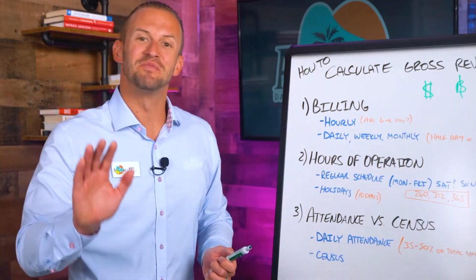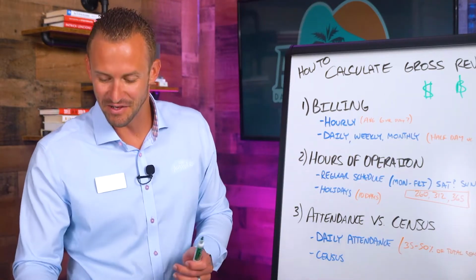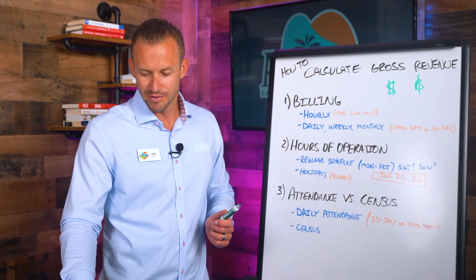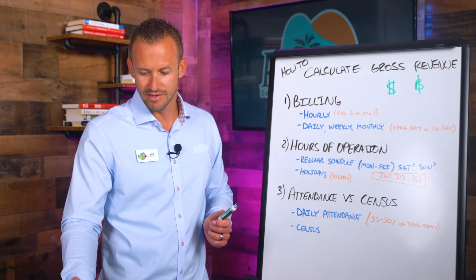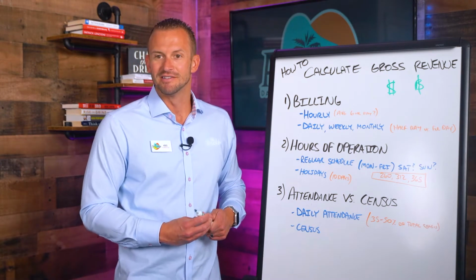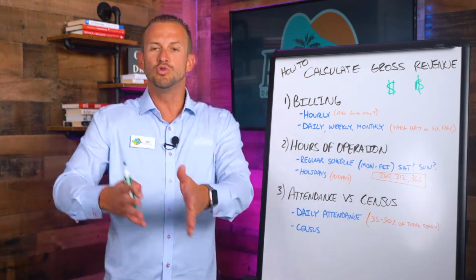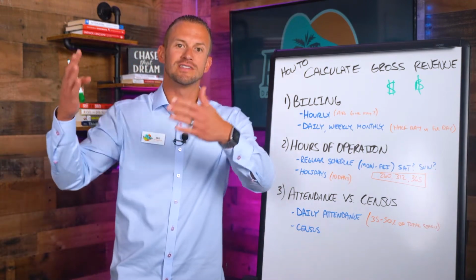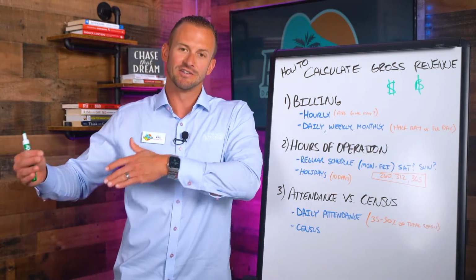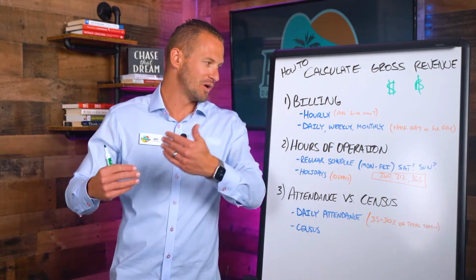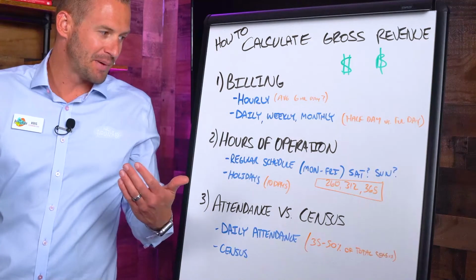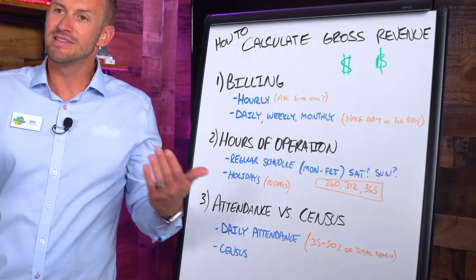Let's say you're a smaller center, making $1,500 in a day. $1,500 per day times 52 days of the year, that's $78,000. So it could be $78,000, it could be $150,000, it could be $260,000 that you do not earn because you're closed on Saturdays and Sundays. So do you want to be open then? Do you want to be open on Sunday? If you're open on Sunday, you're going to pick up another, that's 365 days a year.